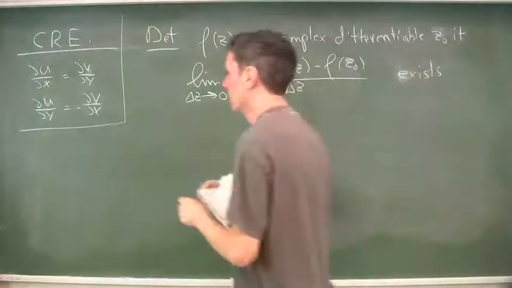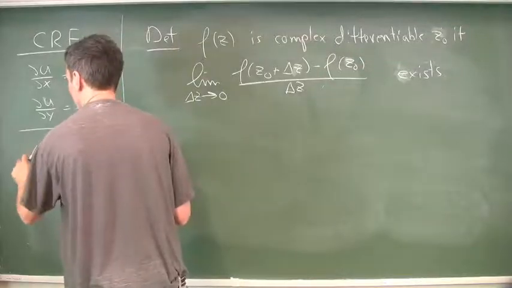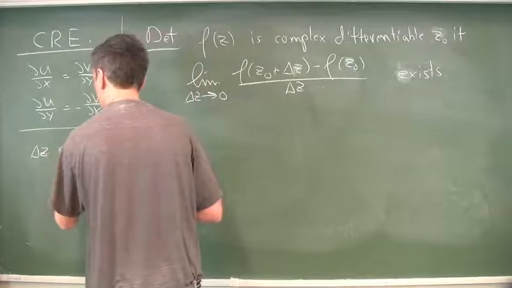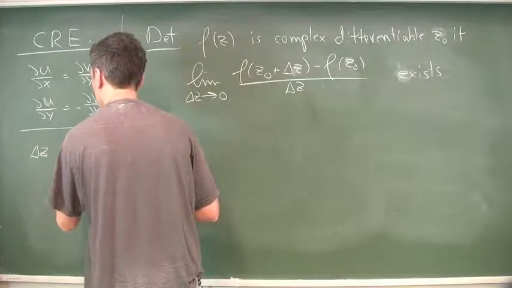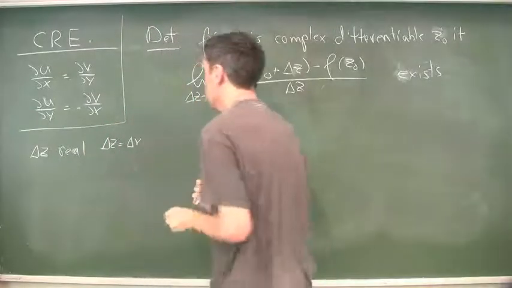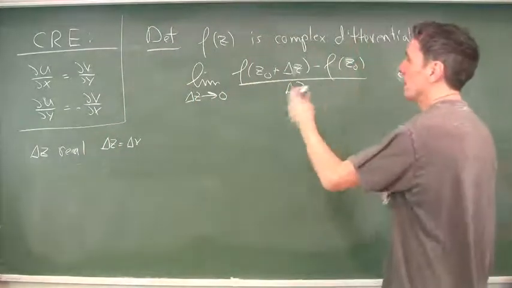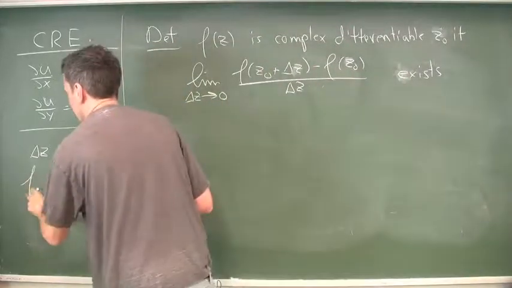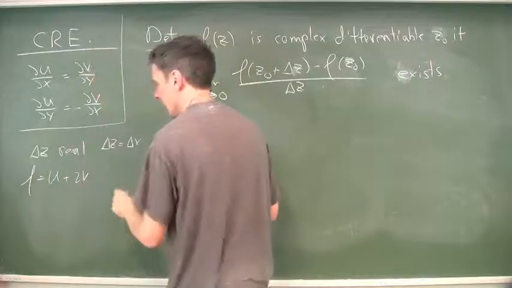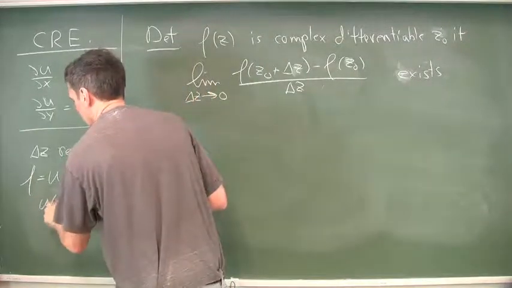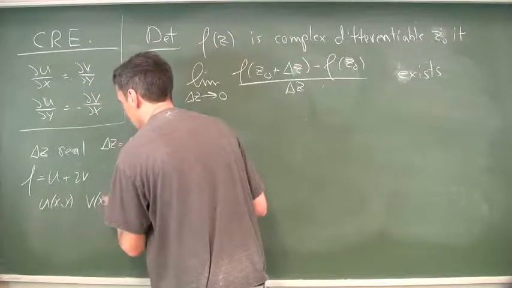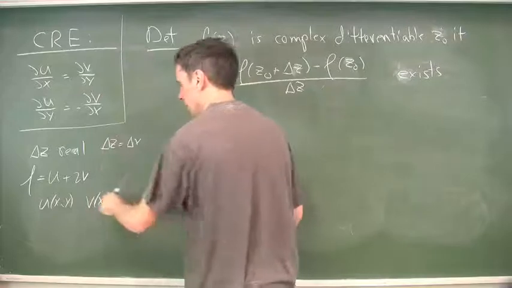So let's start by considering the case when delta z is real. Then I just write delta z is equal to delta x. And remember also that f can be written as u plus iv, and these functions u and v can be considered to be functions of x and y.